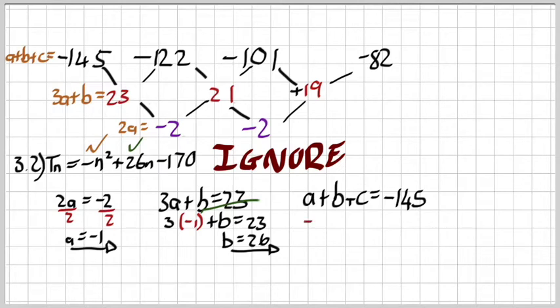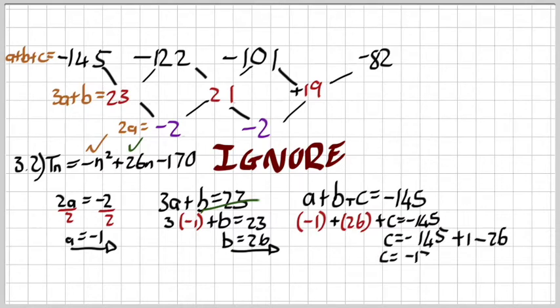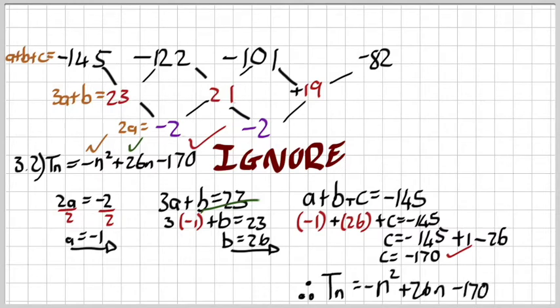Now let's look at solving for c. Transposing my 26 and my negative 1, my answer is negative 170. Yes, I love this. So therefore, Tn is equal to negative n squared plus 26n minus 170.